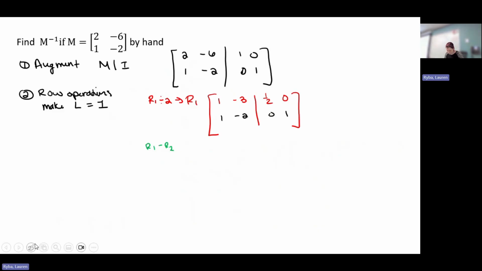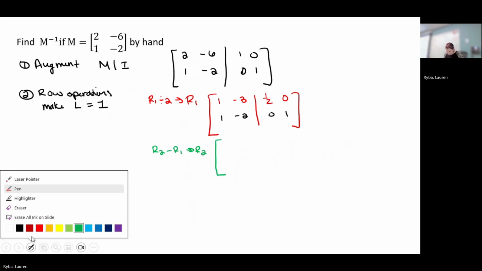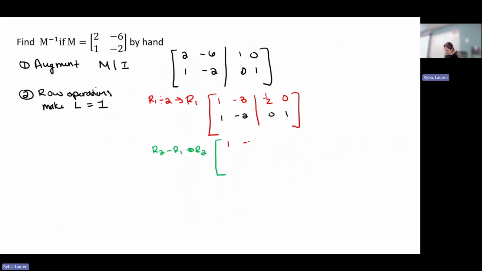No, I'm going to do the other way. Row 2 minus row 1, replace row 2. So I'm not touching the top row, so I'm going to leave those in red to show I didn't touch them. And I'm changing everything in the bottom.